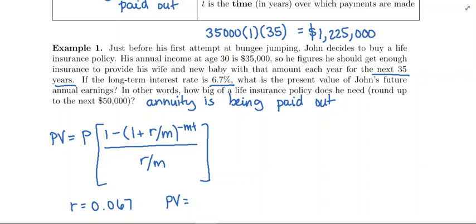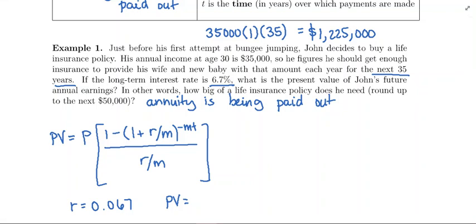It's going to have a much lesser amount, and that much lesser amount, if invested as one lump sum, will pay out the wife and the child $35,000 over the 35-year period. And so they would be paid out the $1,225,000, but not from an account that starts with $1,225,000. A much lesser amount needs to be invested in order to pay out this amount. So we're going to see how this happens.